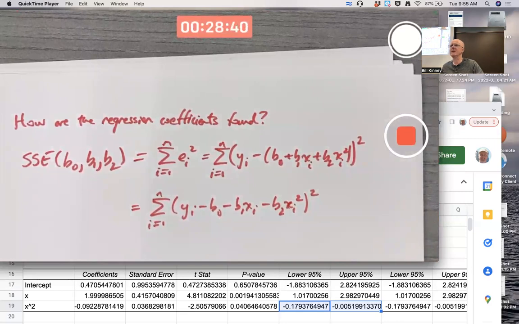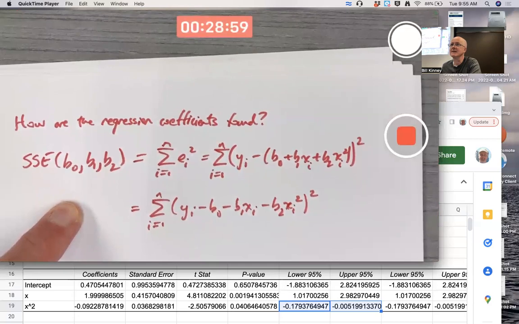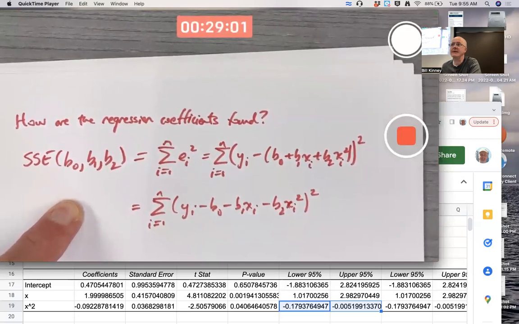What do I differentiate with respect to? This is a function of the b's. Differentiate with respect to the b's. The xi's and y's are fixed.